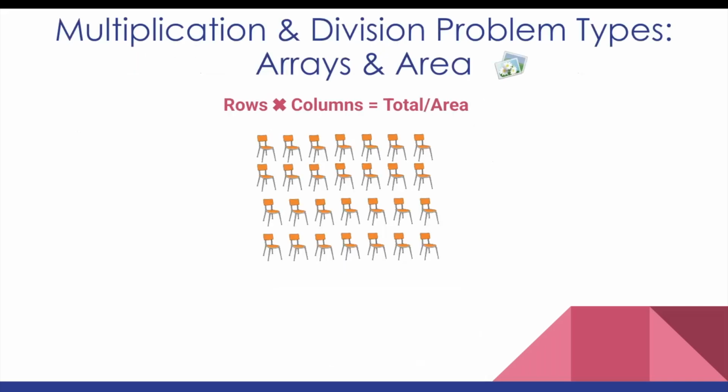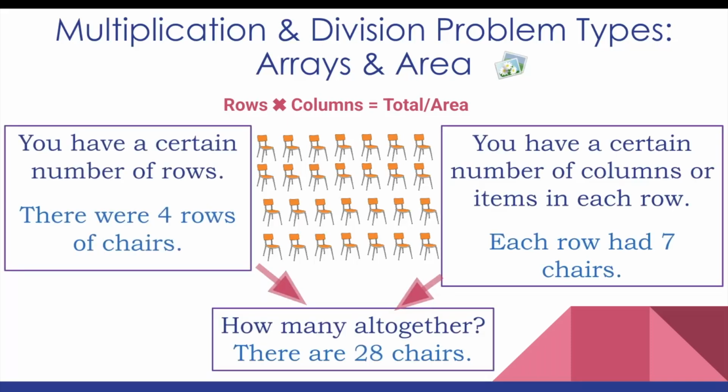The second type of multiplication and division problem involves arrays and area. For arrays, there is a number of equal rows, a number of equal columns, or an equal number of items in each row. And there is a total number of items.